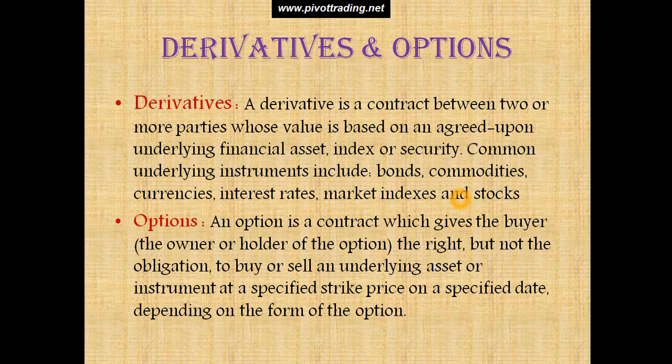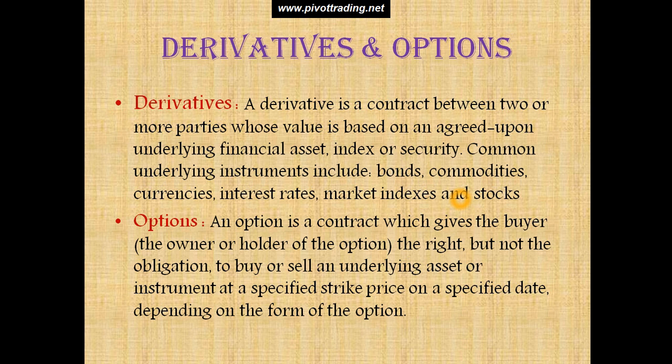Derivatives are not physical instruments. They are derived components, derived from some underlying instruments. That is why they are called derivatives; the name came from derived.